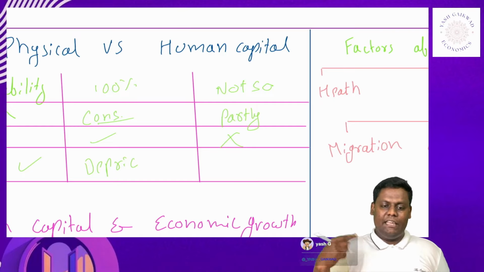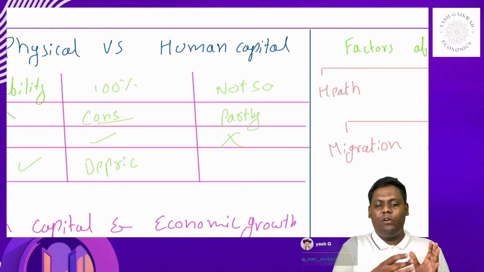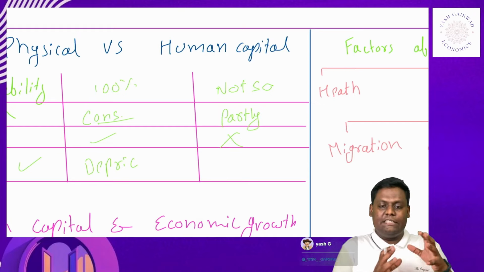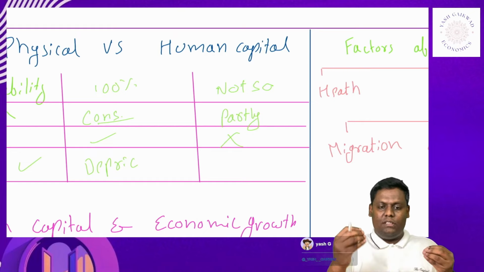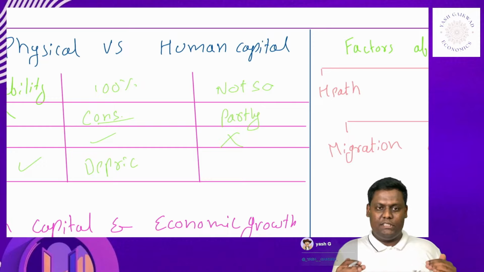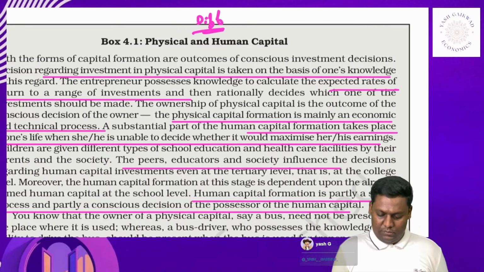Number one, if one takes care of one's health, the process of depletion can be slowed down. And number two, if one focuses on continuous education and learning, his skill set will not become obsolete, rather his knowledge will always be up to what the job market demands. So the process of depletion of human capital can be slowed down and restricted. That is what is being given here.